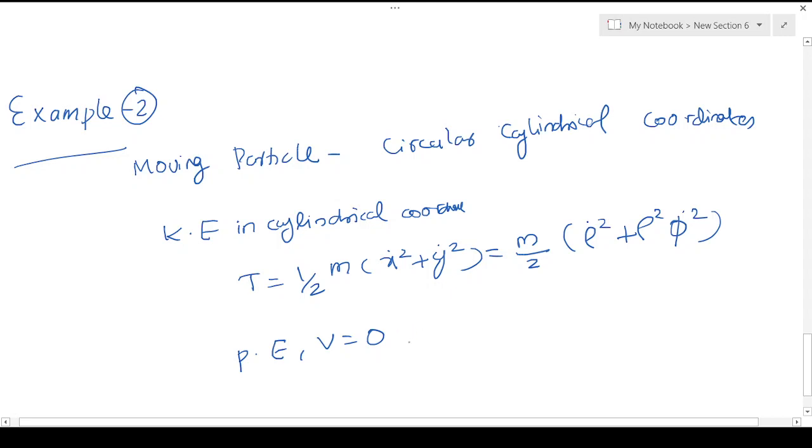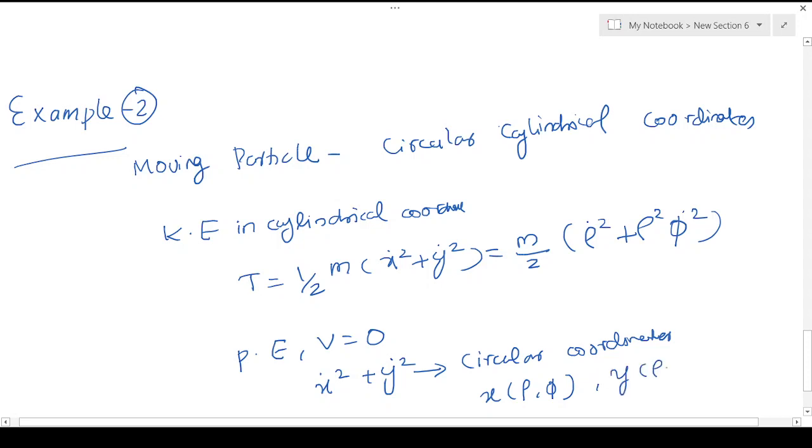Okay, if you say that x dot square plus y dot square, which will tend to the circular coordinates, so x means it is a function of rho and phi. Okay, and y also depends on rho and phi as the two coordinates over here.